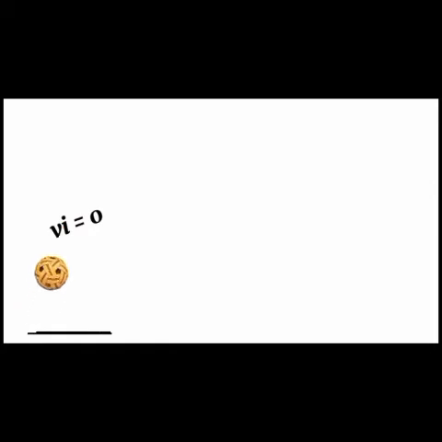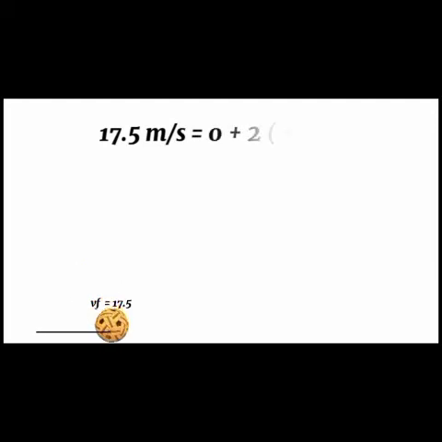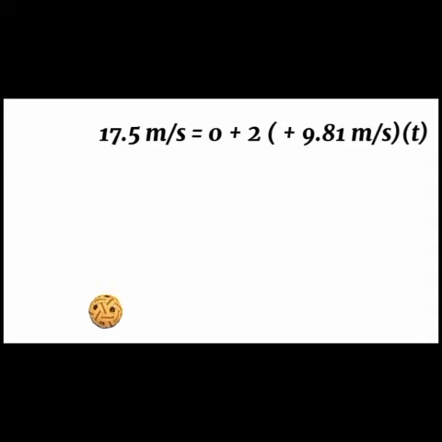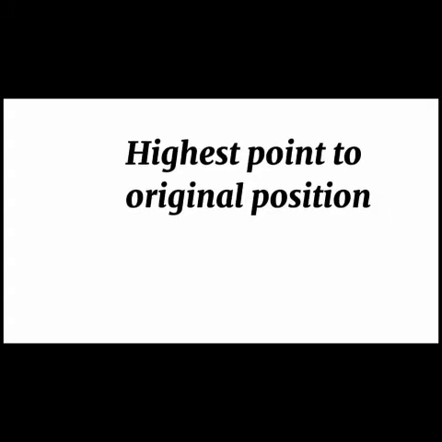Magiging siyang 0. Tapos yung VF natin dito, magiging siyang 17.5. Kasi, pababa na siya. From pataas to pababa. So, bali yung VF natin is 17.5 meter per second equals 0 plus, dahil downward, positive 9.81 times time. So, yung time natin is 1.78 seconds. Highest point to original position.